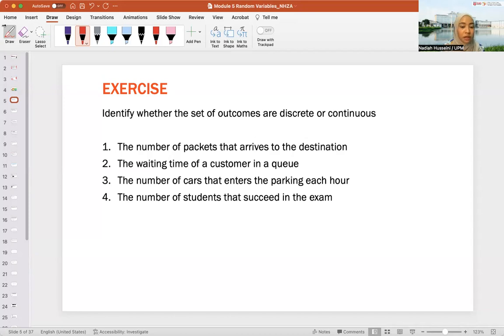Packets need to be integers. Number 2, the waiting time of a customer in a queue. Time is continuous. What about the number of cars? Discrete. And the number of students that succeed in an exam? Discrete. I cannot say 2.5 students passed my exam. That doesn't make sense.